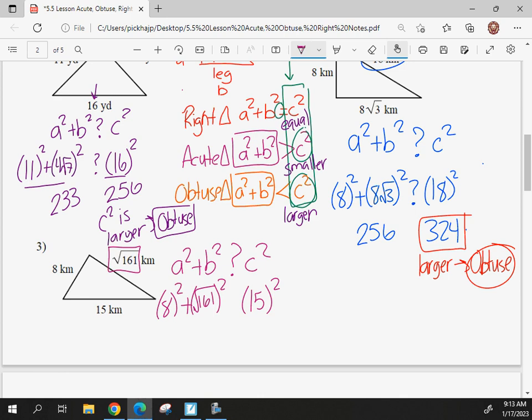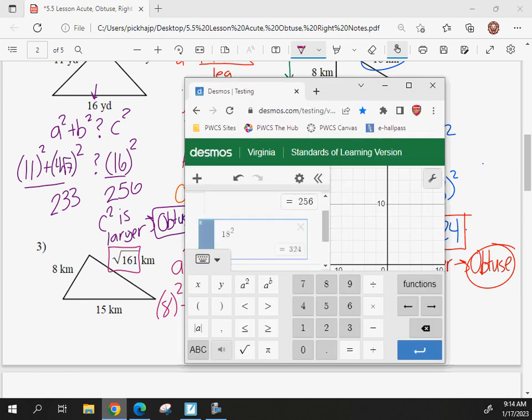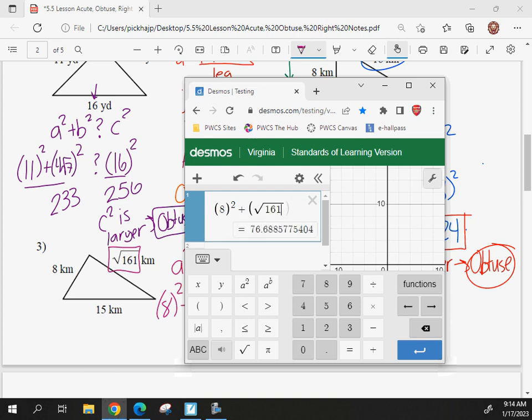Again, using parentheses so we don't make a mistake. Question mark in the middle. We don't know what the relationship is yet. So I'm going to do 8 squared plus root 161 squared. Be consistent. Use your parentheses so that when you get to the square root, you don't make a mistake.